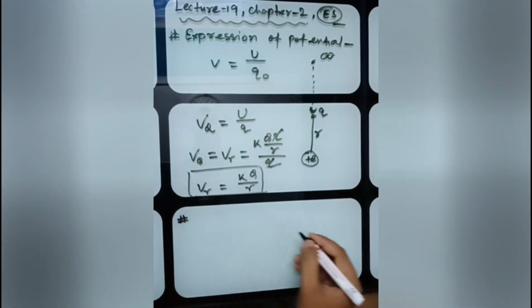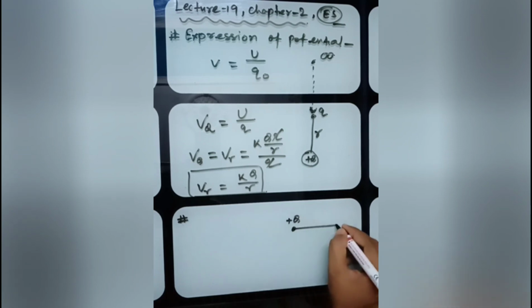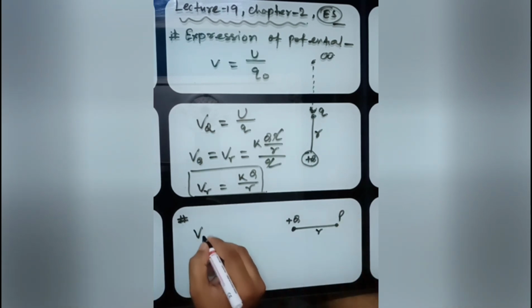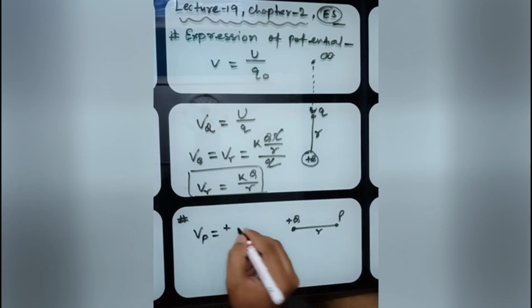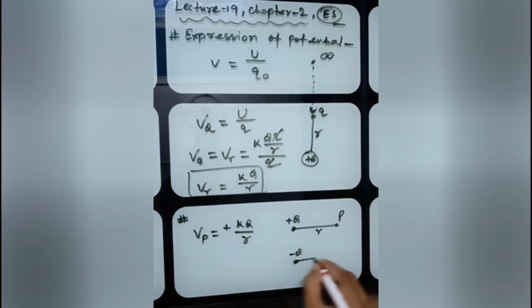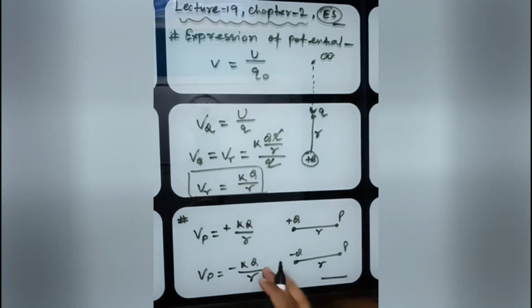If it is a positive charge and you are finding the potential at point P at distance r, then the potential at P will be plus kQ by r. If you have a minus Q charge and you find the potential at point P at distance r, you will write Vp as minus kQ by r. Students, this is very important. Kindly make your notes for this one.